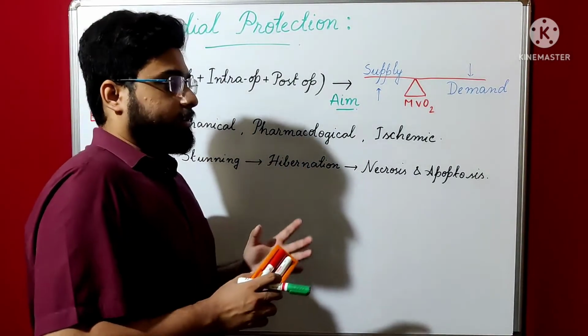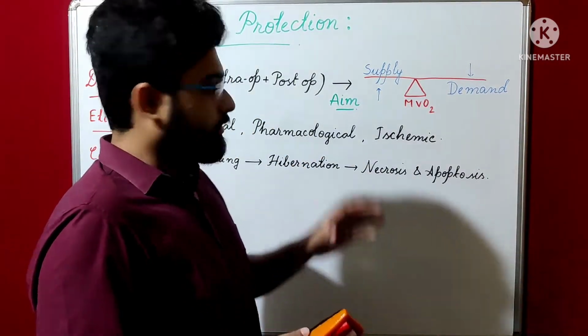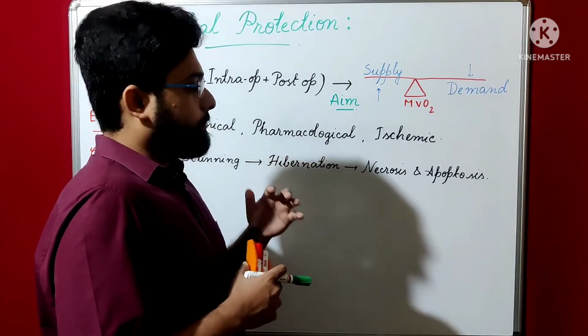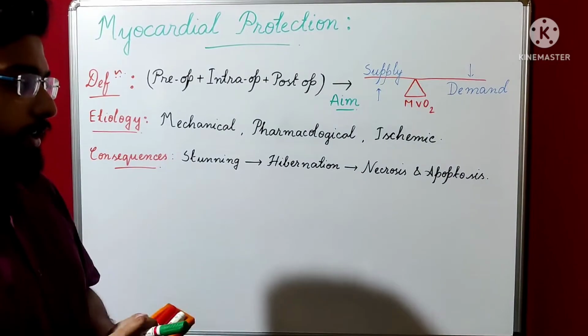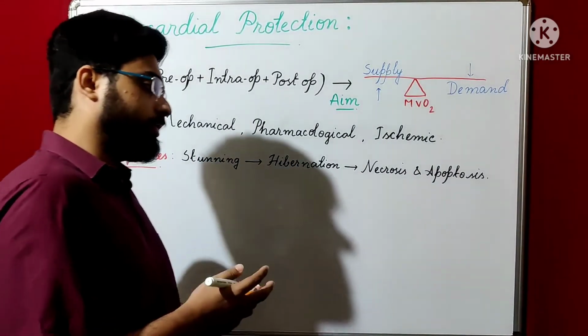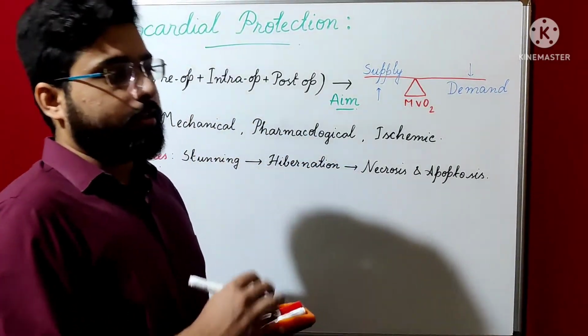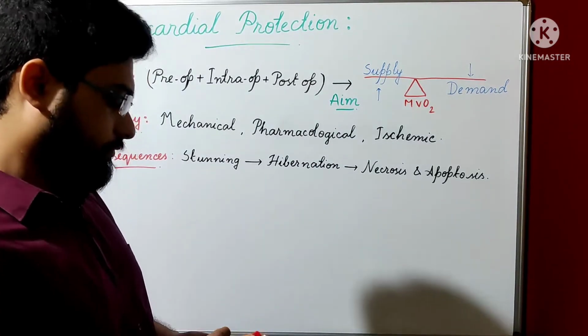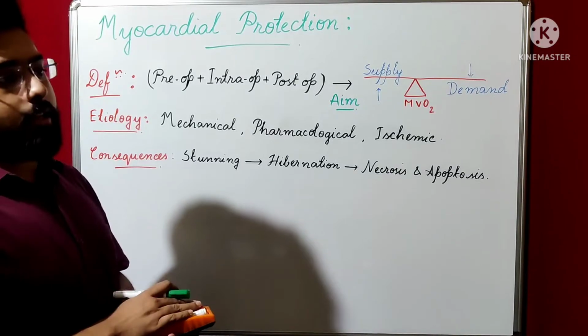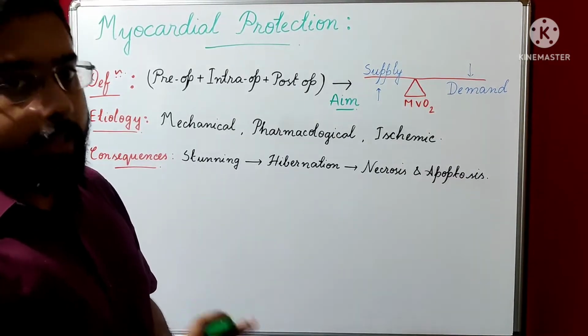For that we have to create an ischemic condition to provide a bloodless field to the surgeon, so that the procedure for correcting the pathological condition can be done, and as well we have to protect the heart and keep the patient alive.